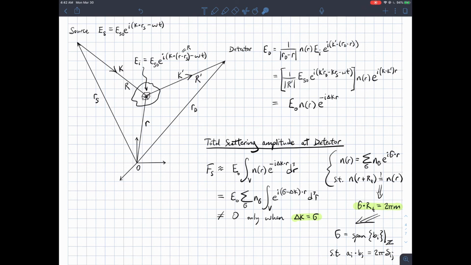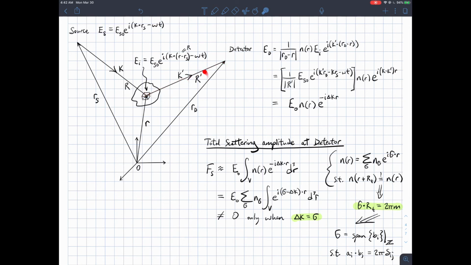So the important thing is that this 1 over r prime can be grouped into an amplitude here of all the terms in this spherical wave that don't depend on little r. Even though r prime does depend on little r, we're using what's called the paraxial approximation that says even as this little r changes, it doesn't change much for this distance here.